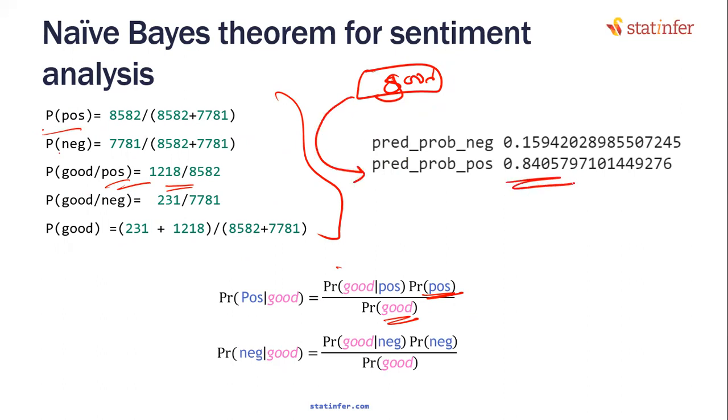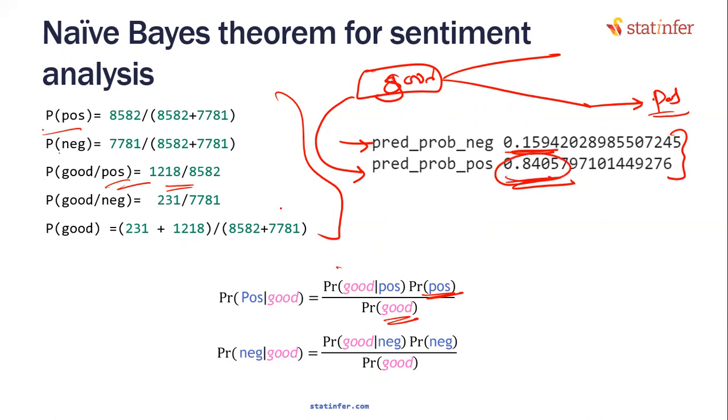Finally it will come as 84 point some percent, and the probability of negative is some 15.94%. So if somebody writes good, what sentiment will the Naïve Bayes model assign based on these probabilities? It will be classified as a positive document, because of the higher probability.